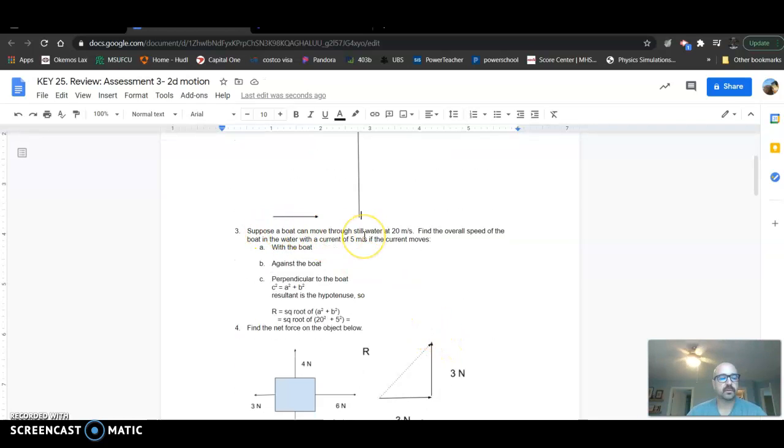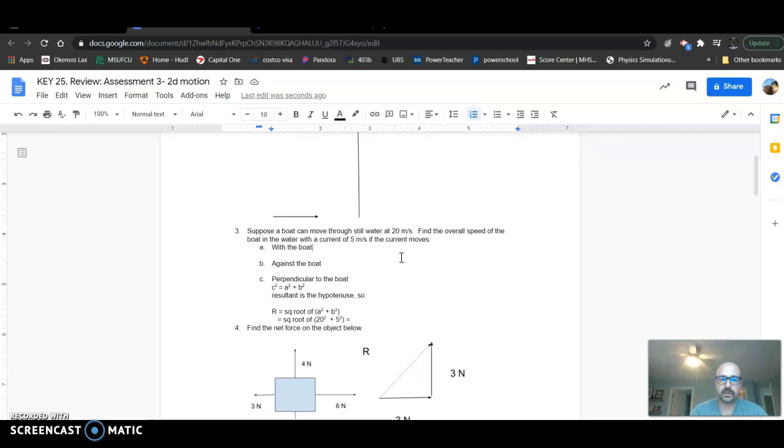Then here we've got the riverboat, and a couple people asked me about this, so I want you to make sure you understand it. I think some kids got confused with the riverboat example we did that showed the independence of going across and the effect on time. But here, if your boat is going with the current, it's like the airplane example we used one day in class.